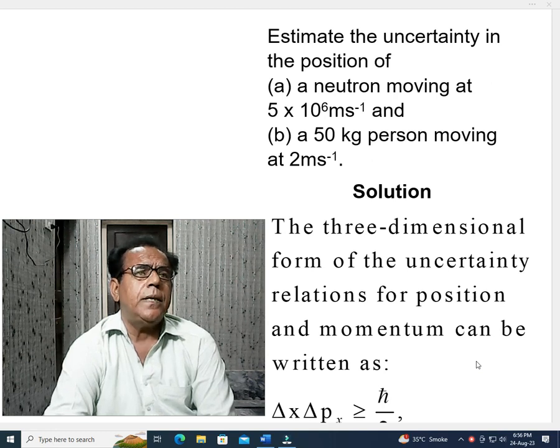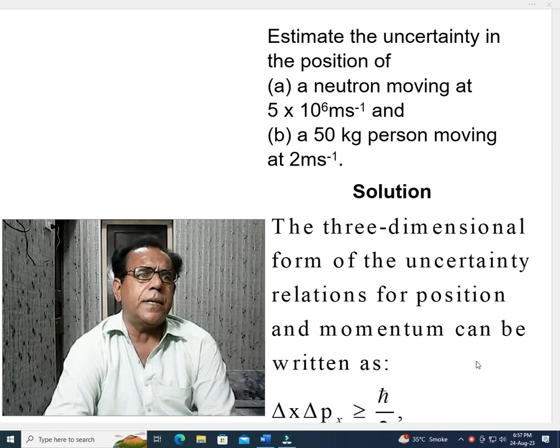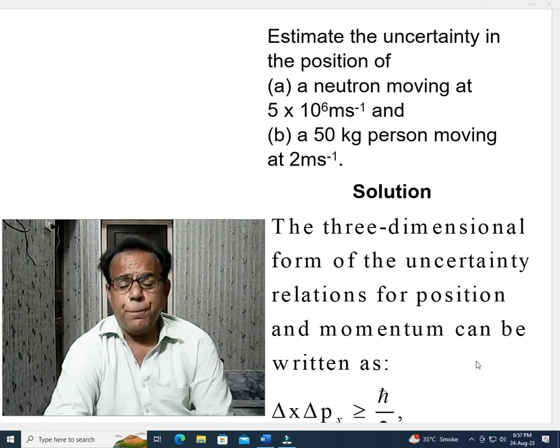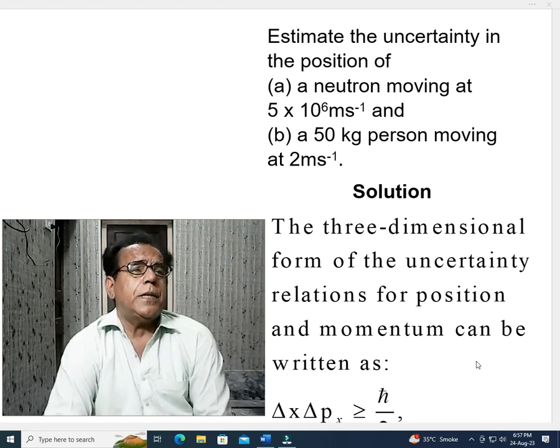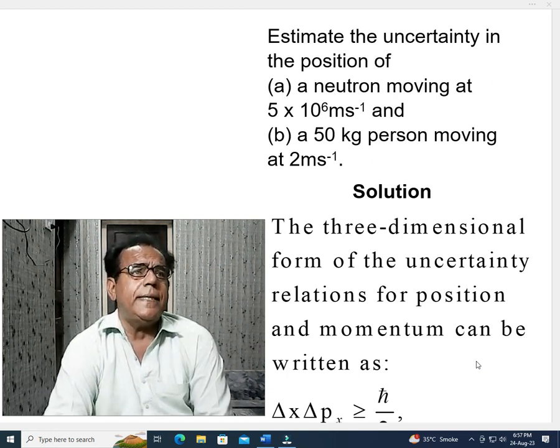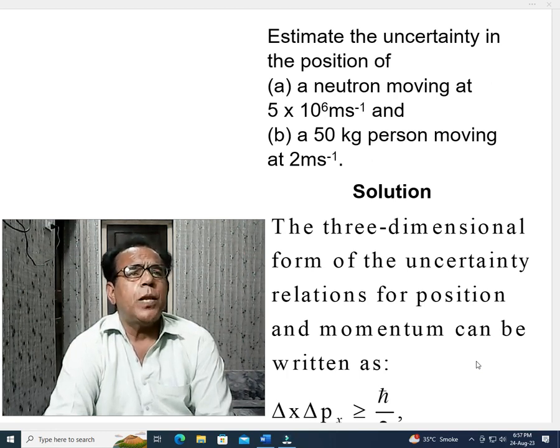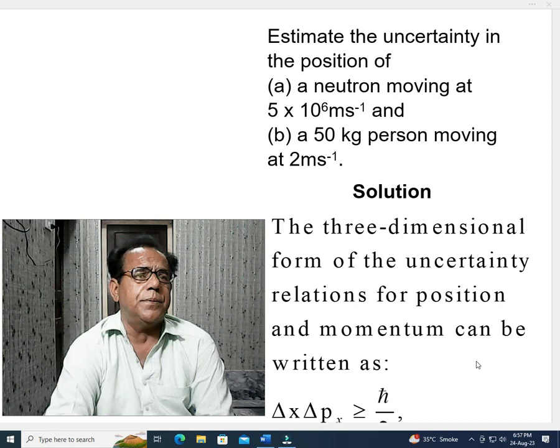In the first part, we will find the uncertainty in the position of a neutron, and in the second part, of a person moving at slow speed. The problem statement is: estimate the uncertainty in the position of (a) a neutron moving at 5 × 10^6 meters per second, and (b) a 50 kilogram person moving at 2 meters per second.